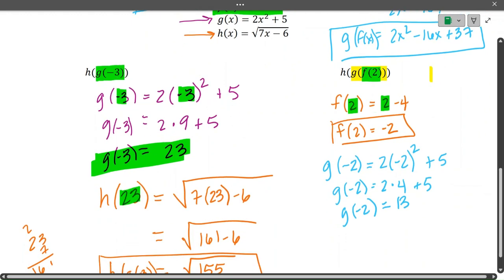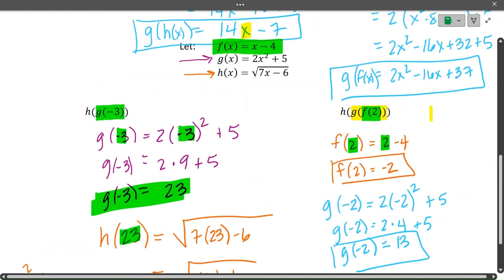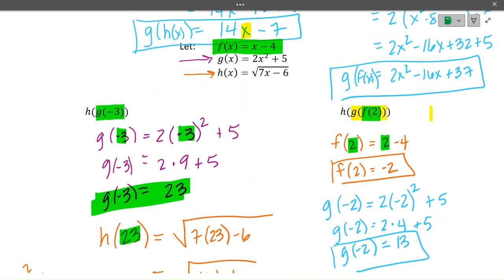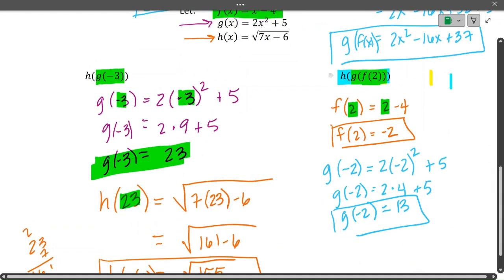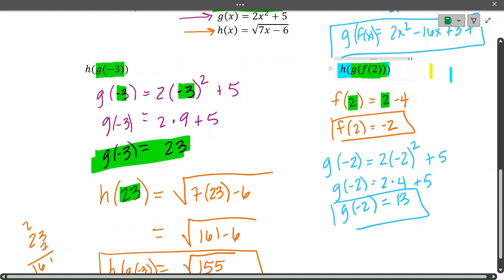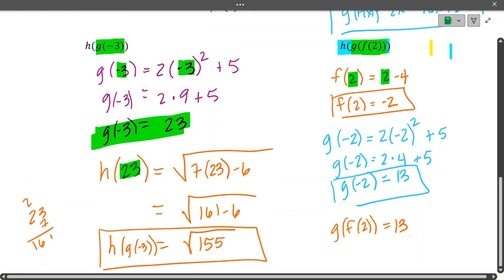All right. So now I've peeled back the onion, so to speak, and now I have my very last function. And now that is what h of g of f of 2 equals. By the way, I should have been a little more accurate about this. This was g of f of 2, which is equal to 13. Okay, and look what we're replacing. We're replacing g of f of 2.